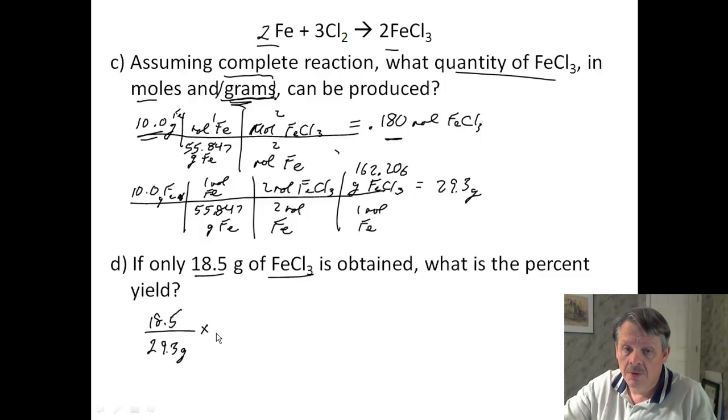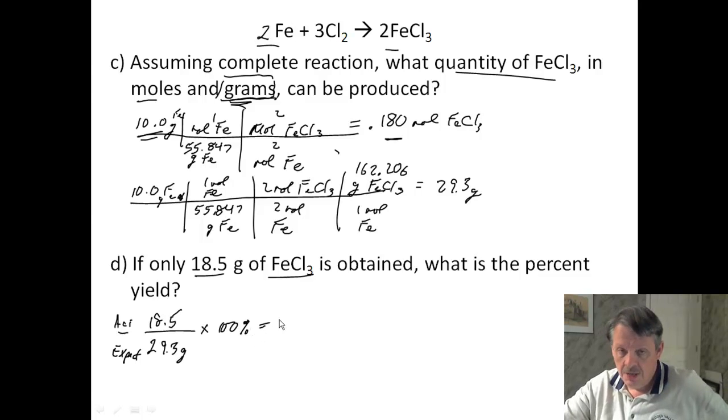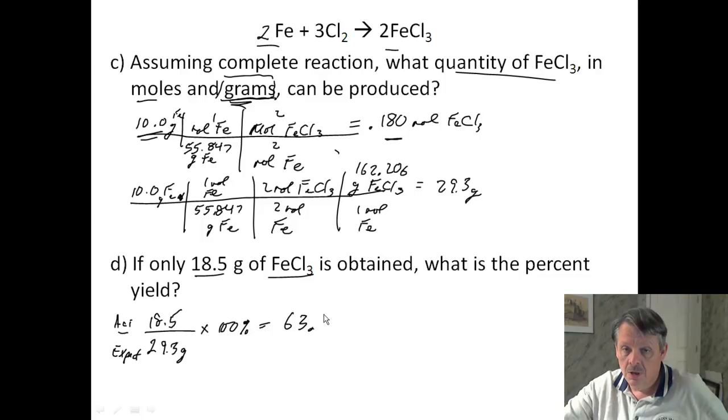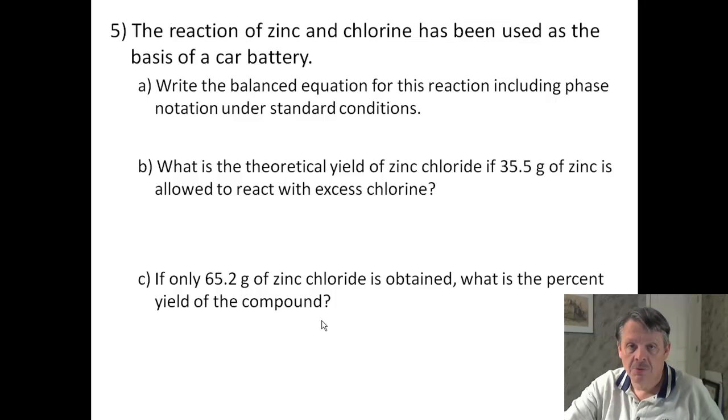When I divide those, you always put what you actually got over your expected, and you multiply by 100, and that's a percent. So in this case, that's going to give you 63.1%, and that's your percent yield. Okay, that's number 4. Let's go on to number 5.